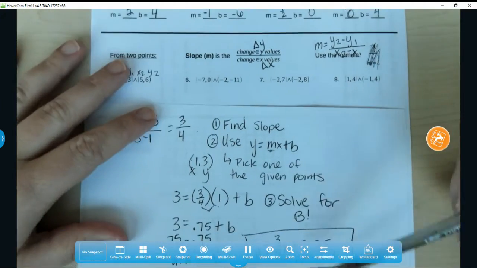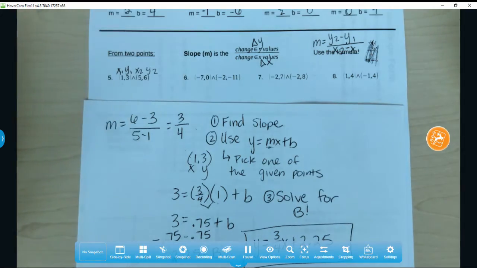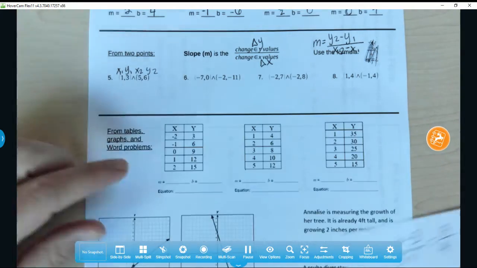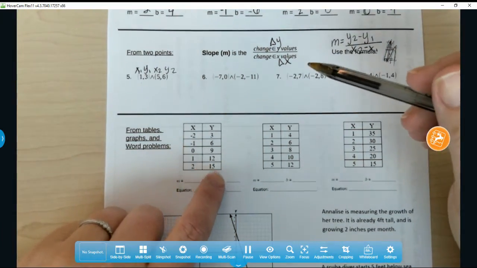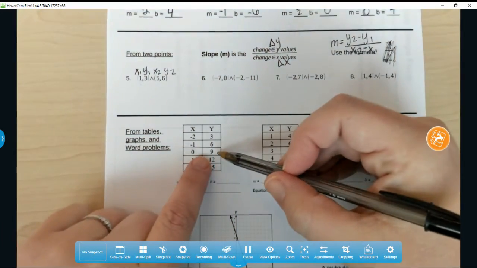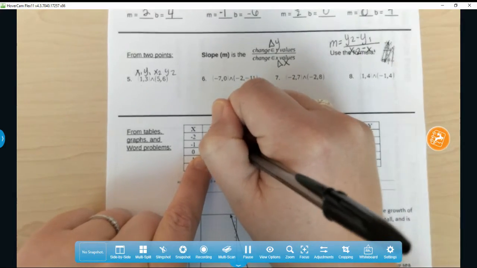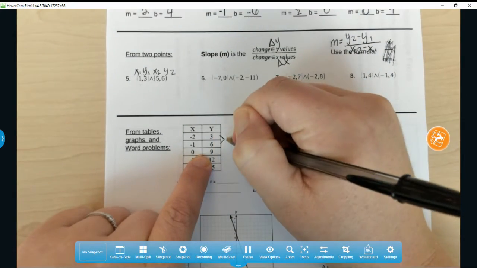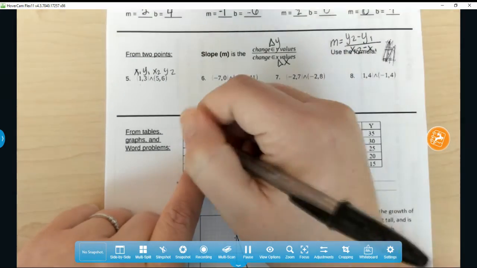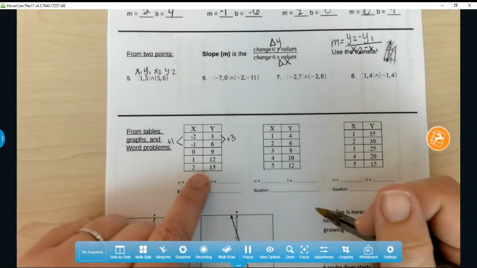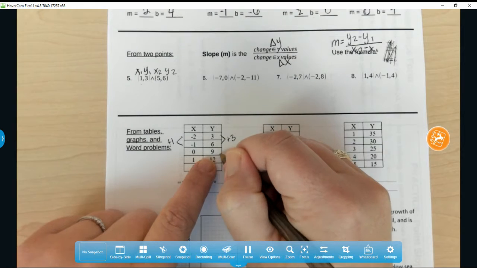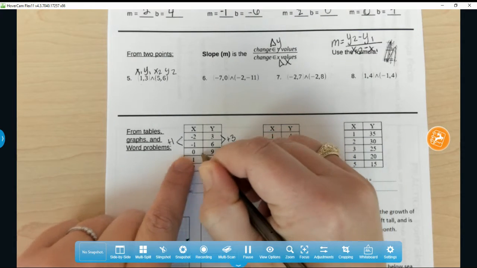Sometimes you won't have to do all that extra because sometimes you'd be given the y-intercept, like on this table right here. This table, you would just have to find the slope, and then you are actually given your y-intercept. So if I'm looking for slope, it looks like +3 and +1. And I'm just checking +3, +1.